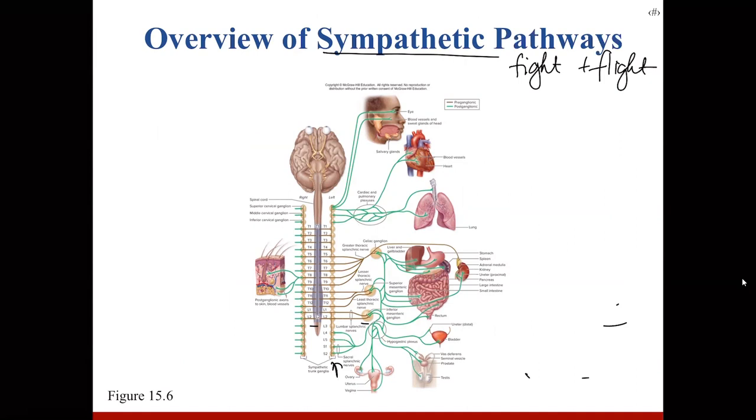Okay, so if we do, let's say we're going to the heart. Okay, so we can come out this way and we can go up the sympathetic trunk, and then we'll go out to the heart. So that's one way, right? Another way would be if we go out and we synapse at one of these ganglia and go to the organs.